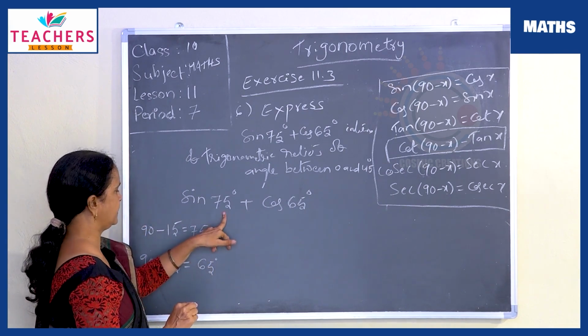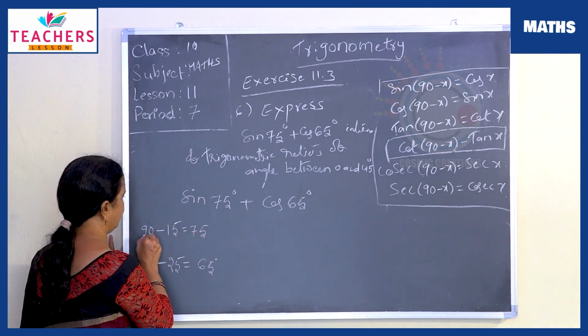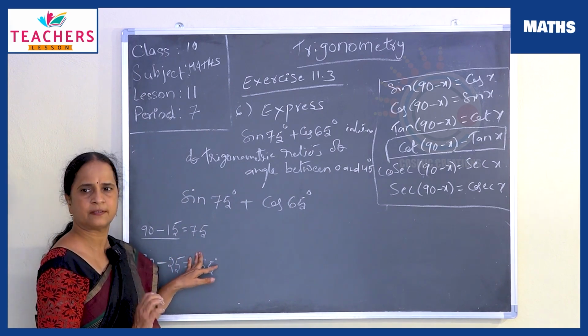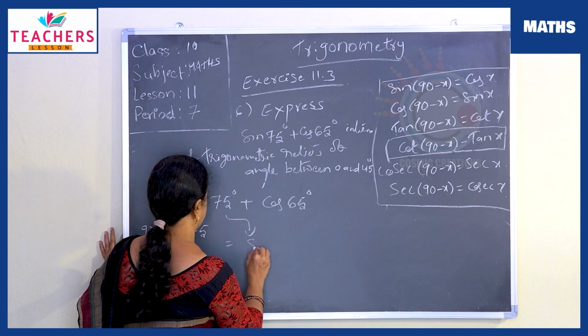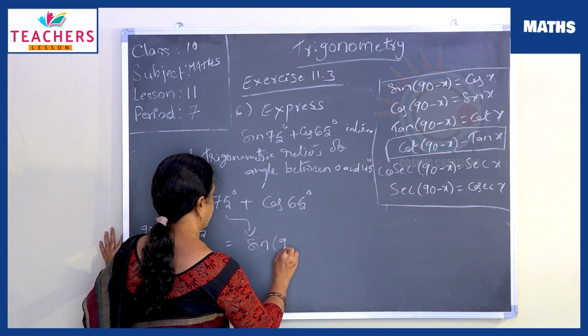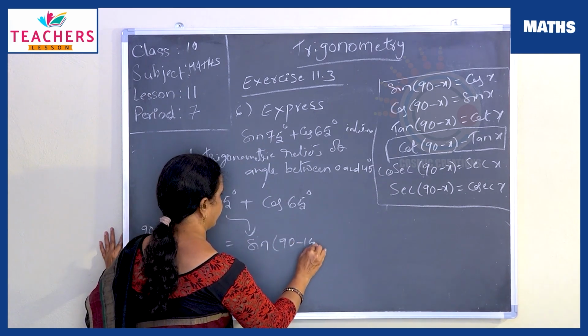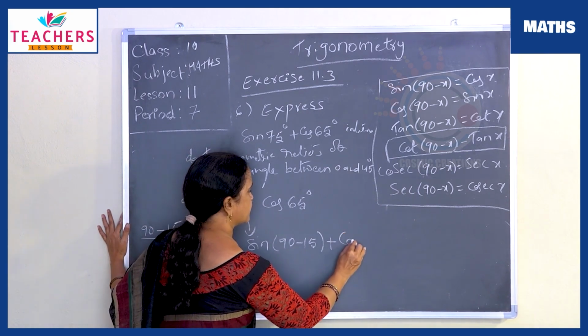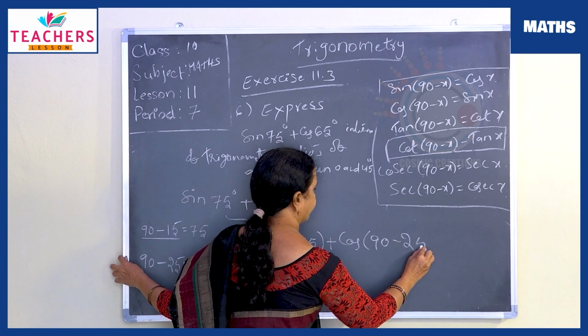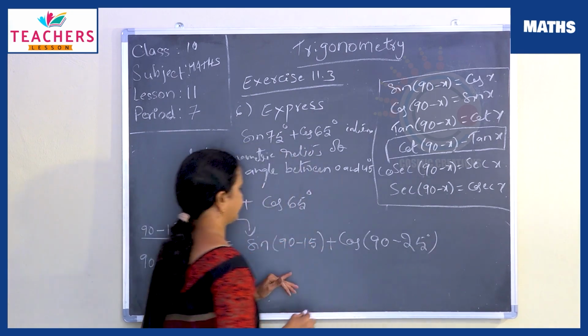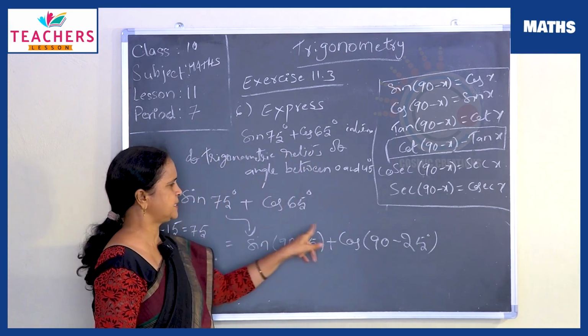I am writing, instead of 75, 90 minus 15. Can we write? Yes. So this is equal to sine of (90 minus 15) plus cos of (90 minus 25).